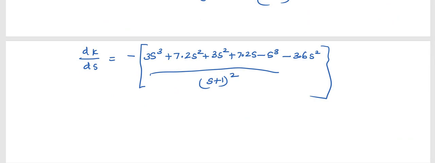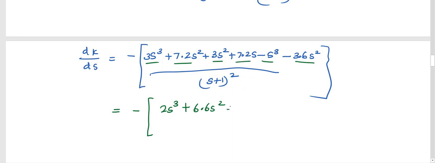So that is equal to minus of (3s cube minus s cube, that is 2s cube; 7.2 s square plus 3s square minus 3.6 s square, so the value is 6.6 s square; and 7.2 s), divided by (s plus 1) the whole square.